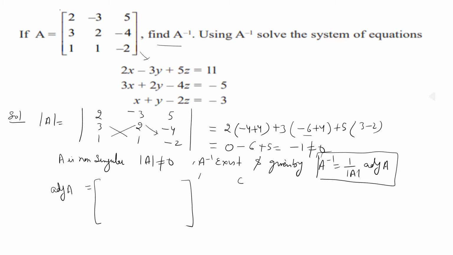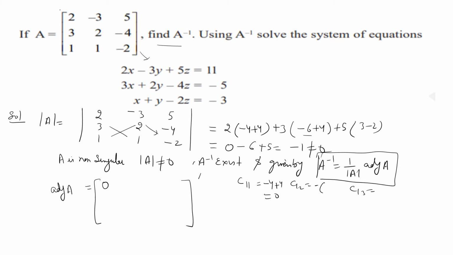So let us start taking the cofactors. So this is C11, C12, C13. So this sign will be negative, right? So let us take out the cofactors. So for 2 it is minus 4, and this is plus 4. So it becomes 0. So here it is 0.